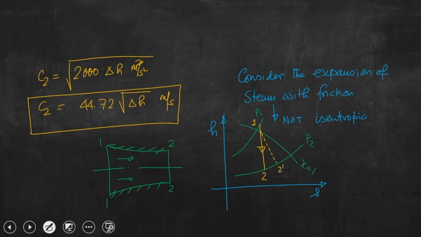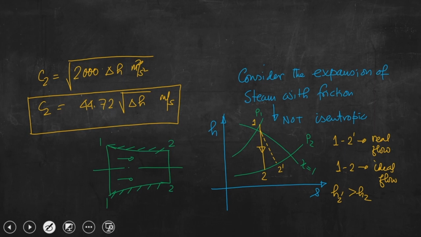So, you can understand from this particular case that 1 to 2 prime is the process in real application, the real or actual flow, and 1 to 2 is the ideal flow. And we can say that H2 prime is greater than H2.